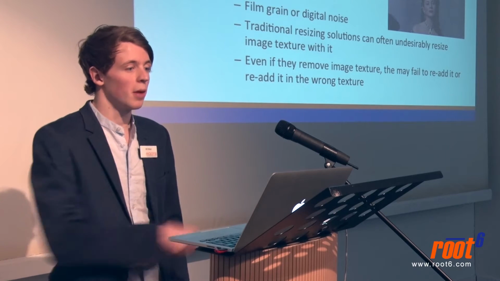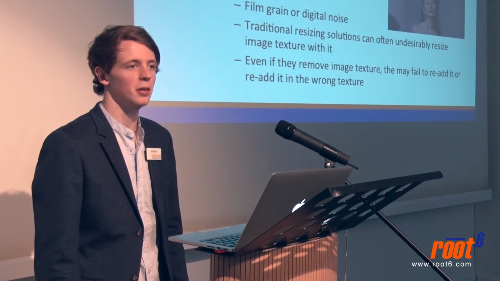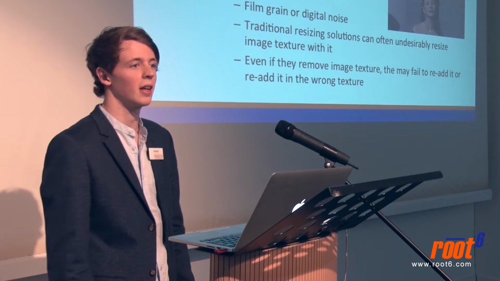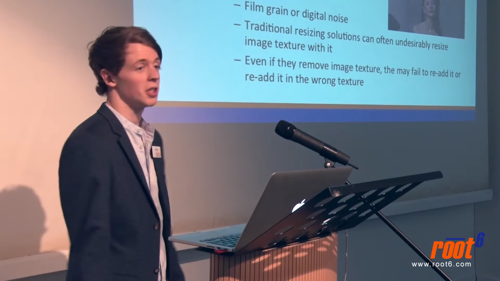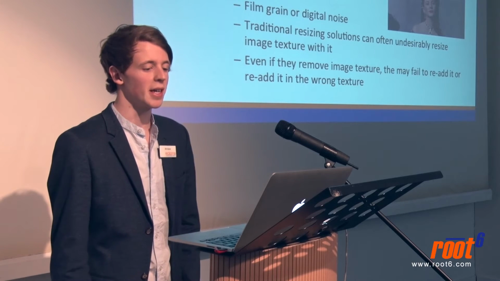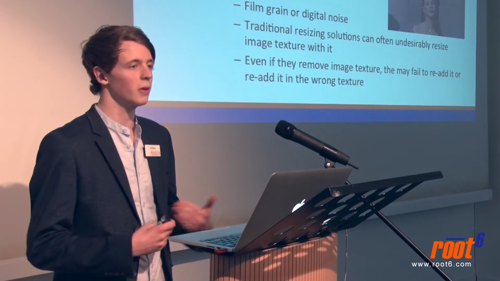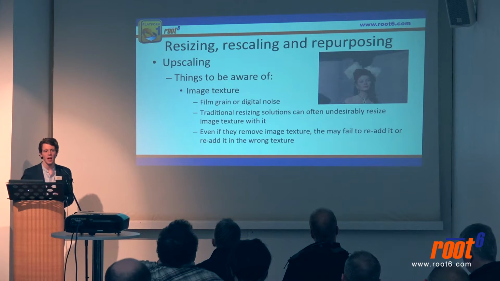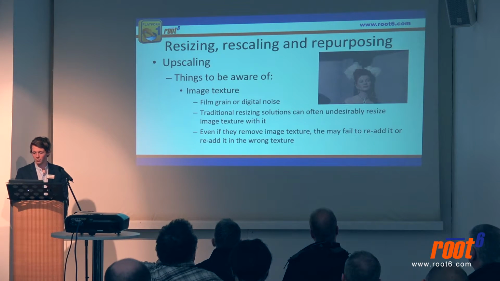Some other products will remove that image texture, but they might not add it back in a way that looks natural, or they might just dump in a load of wideband noise that doesn't make sense in that environment. So having a solution which can remove that texture correctly, but then re-add it as well, is important.